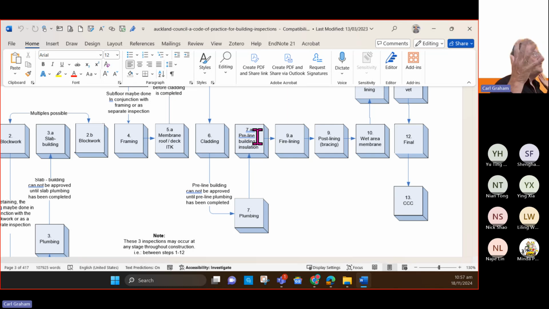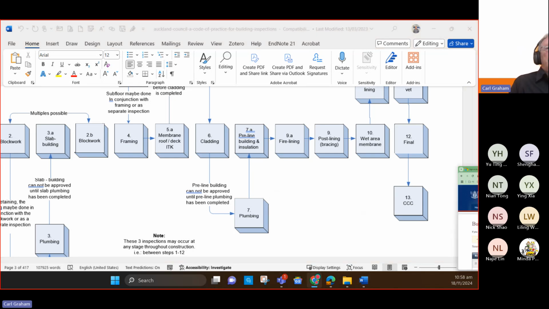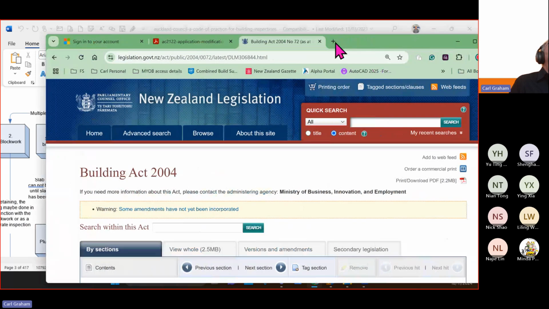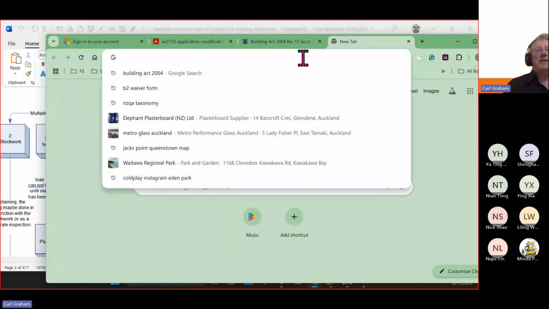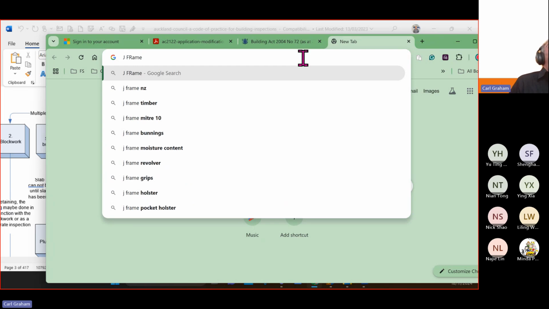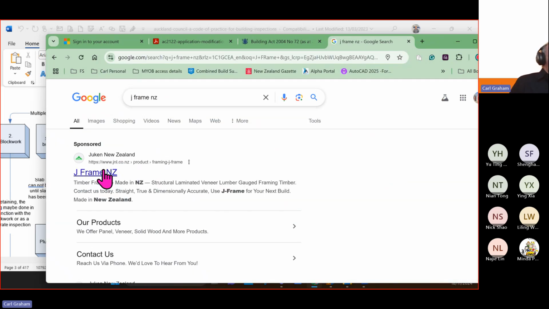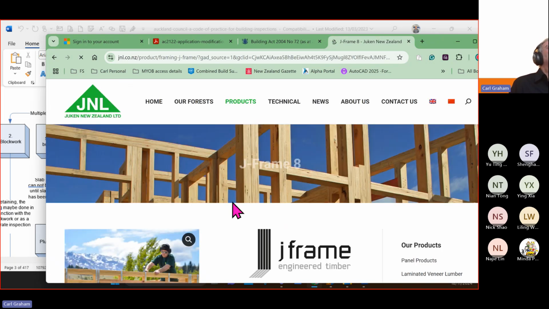So now the building is fully protected from the rain. And now you're checking basically the moisture on the timber. Okay. So if any of you are going to have any experience with building, just be aware, and I don't know what the council's position is on it at the moment, but there's a company called Juken Nissho, and they have a product called J-Frame, and it's a really cool product.